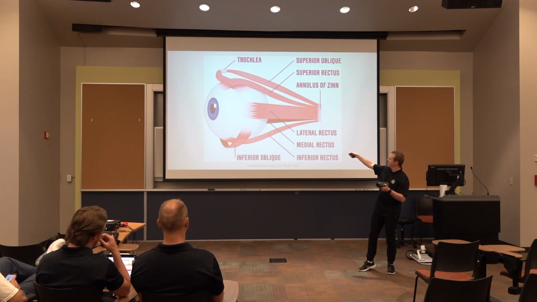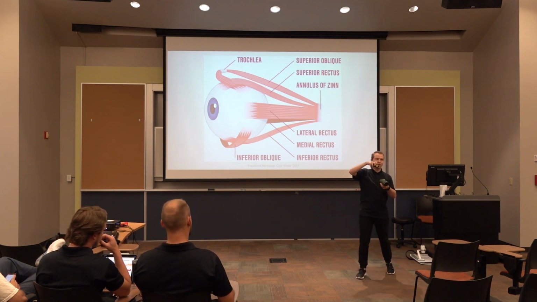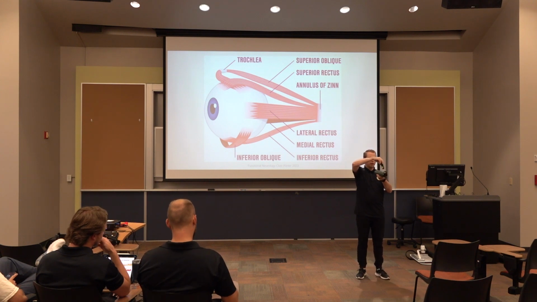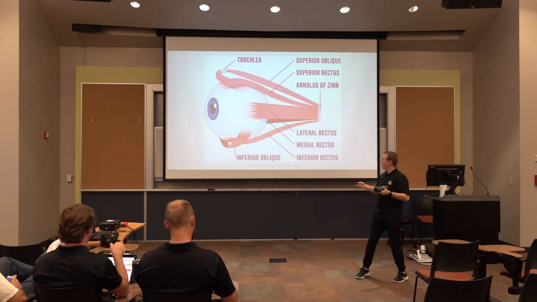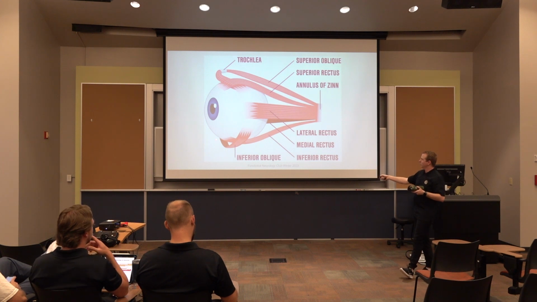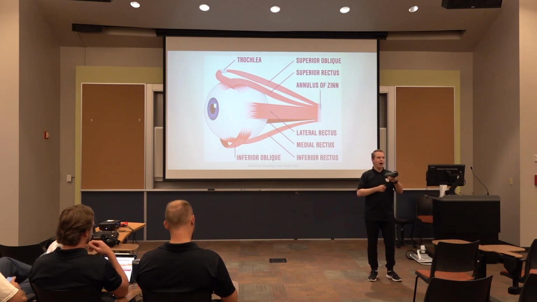Because it attaches posteriorly and on the side, it will pull the eye down, and at the same time rotate the eye this way. Same thing with the inferior oblique. It's going to pull the eye up, and then also rotate the eyeball.